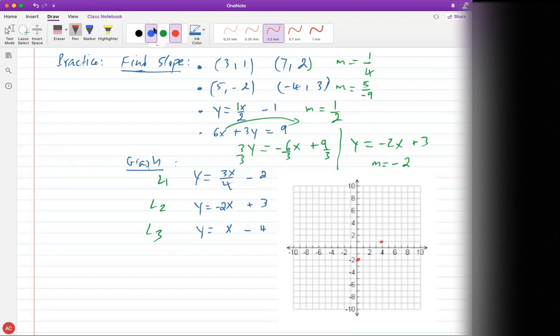That's our first line. Let's do the other one in a different color. Line 2. We're going to start from 3, which is here. And then go up 2 and to the right 1. Not up, but it's negative. Down, sorry. 1, 2.